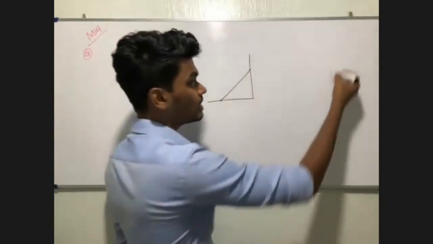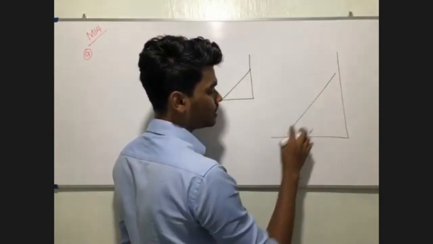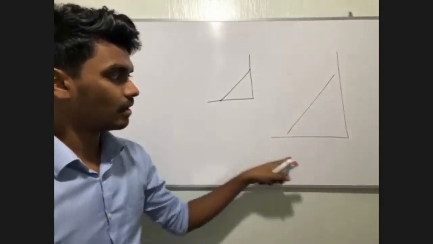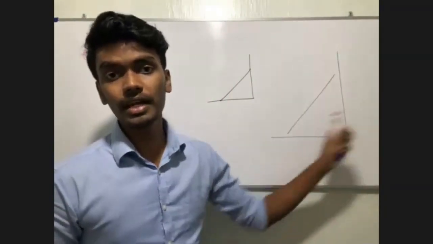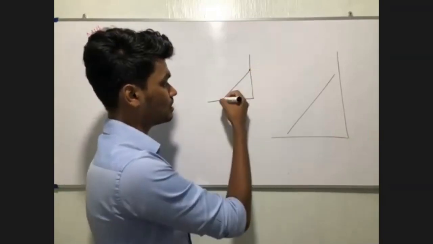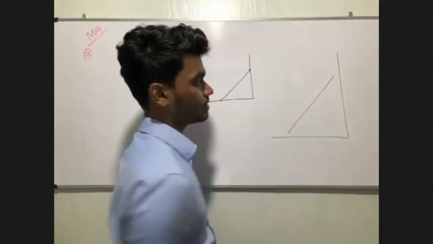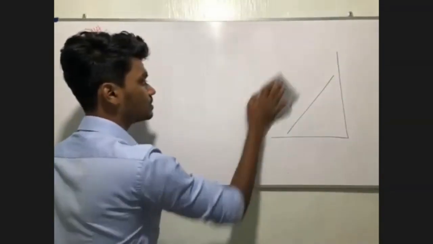But the large figure they have given contactless in order to draw the free body diagram. On this figure only, you have to draw the free body diagrams. You can't draw the free body diagrams on this because it's touching the surfaces. So here, contactless they have given. All right. Okay.